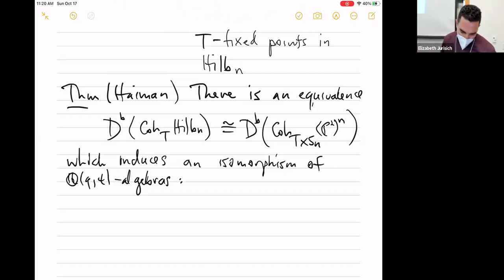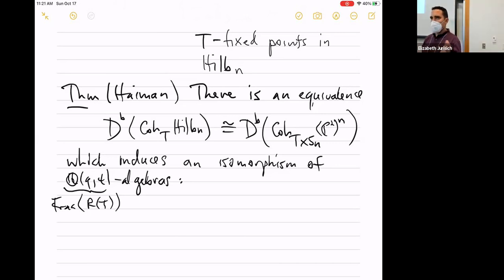So this is the field of fractions of R(T), the representation ring of this torus, or if you like, the K-theory of the point that's equivariant with respect to T.